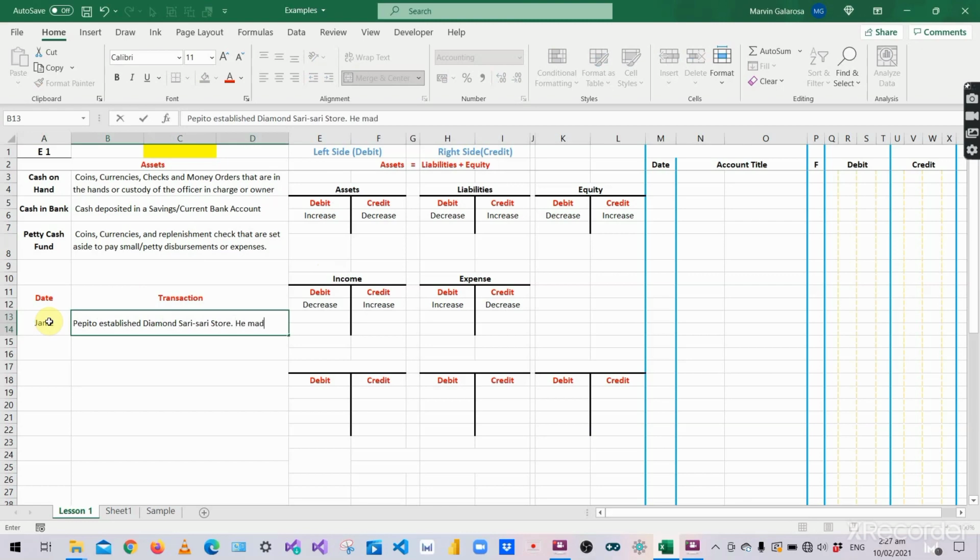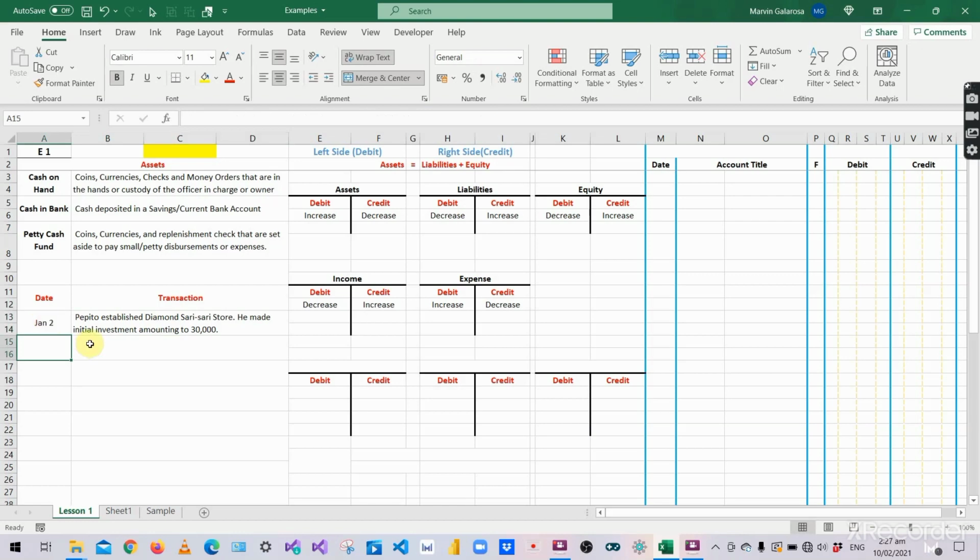He made initial investment amounting to 30,000 pesos. So, sa transaction natin, alamin natin kung ano yung value received and value parted.